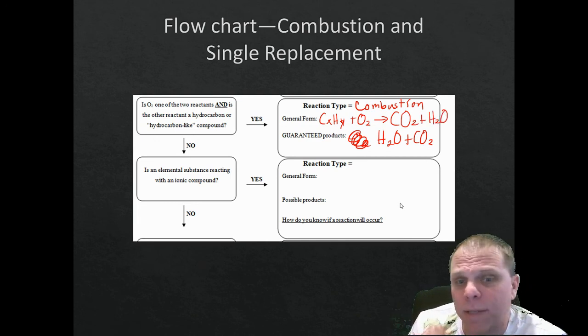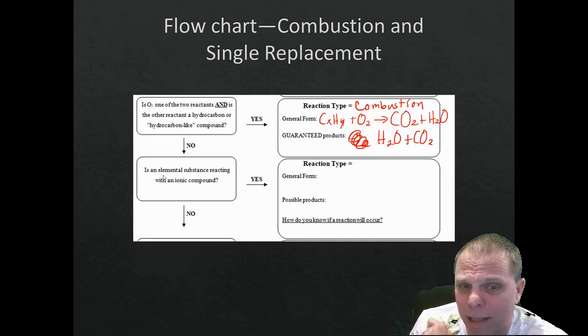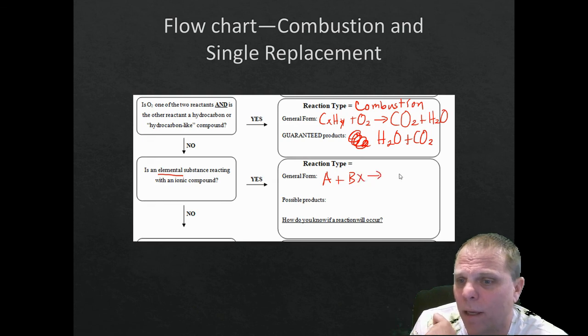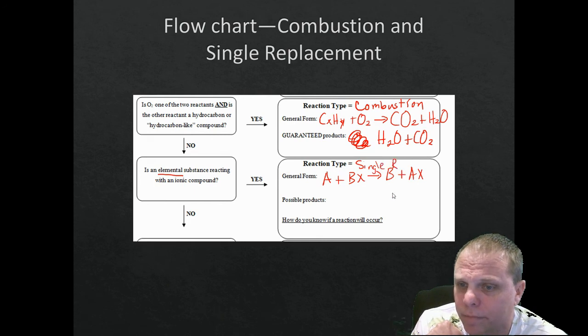Is the elemental substance reacting with an ionic compound? Okay, so with this elemental substance, that's the key here. So we must be talking about element A plus BX reacting and giving us element B plus AX, right? So this is a single replacement or single displacement.